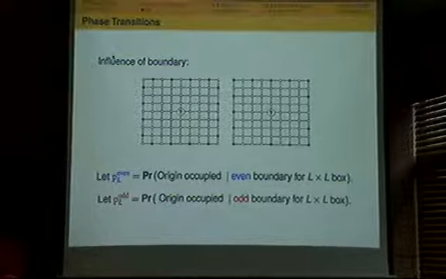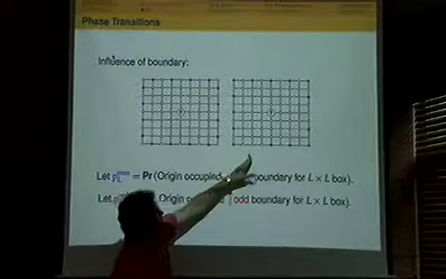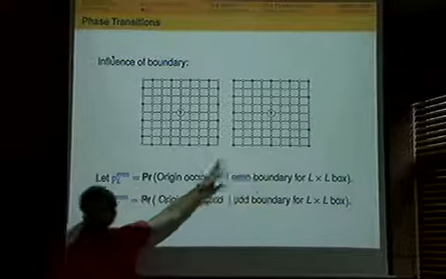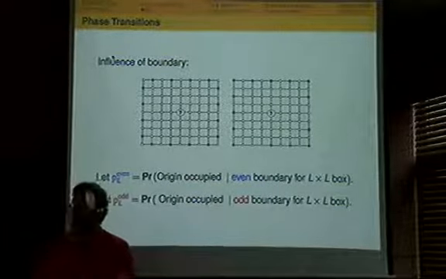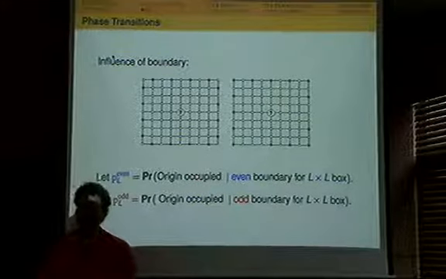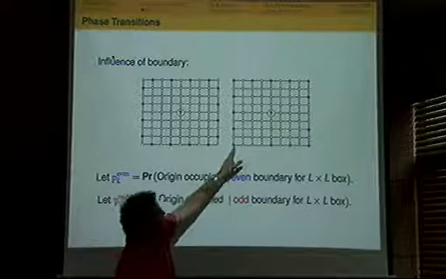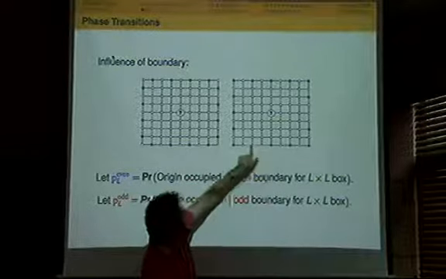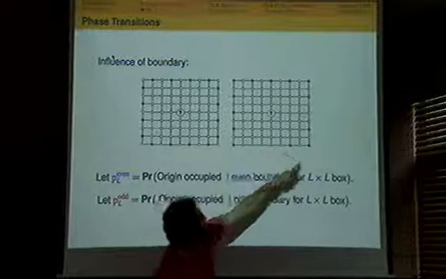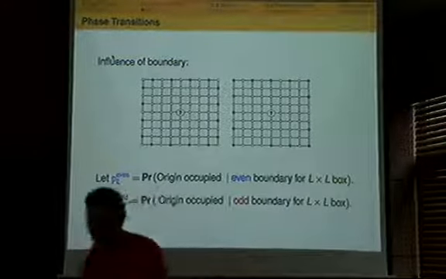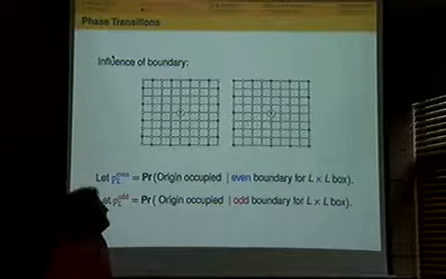Right? If lambda is big, the maximum independent set is all even vertices or all odd vertices. Well, that's always the maximum independent set. But if lambda's big, I'm favoring the maximum independent sets, right? So by forcing, oh, I guess there's a lot of them missing. Oh, yeah. Okay, 2 of them.